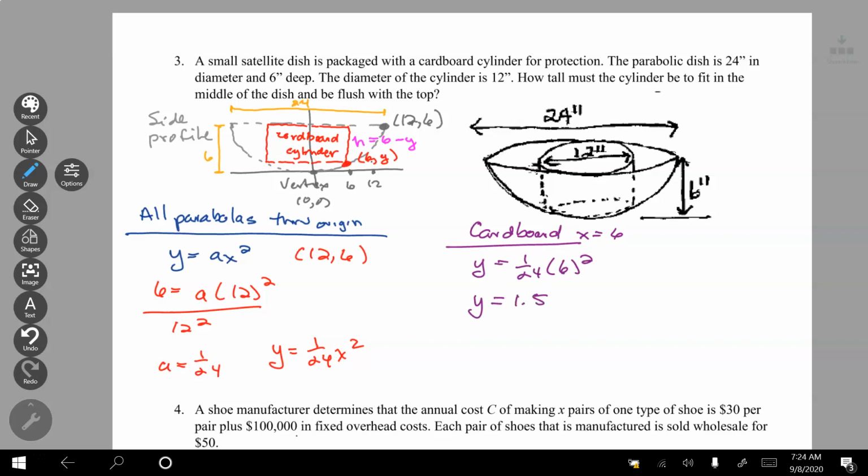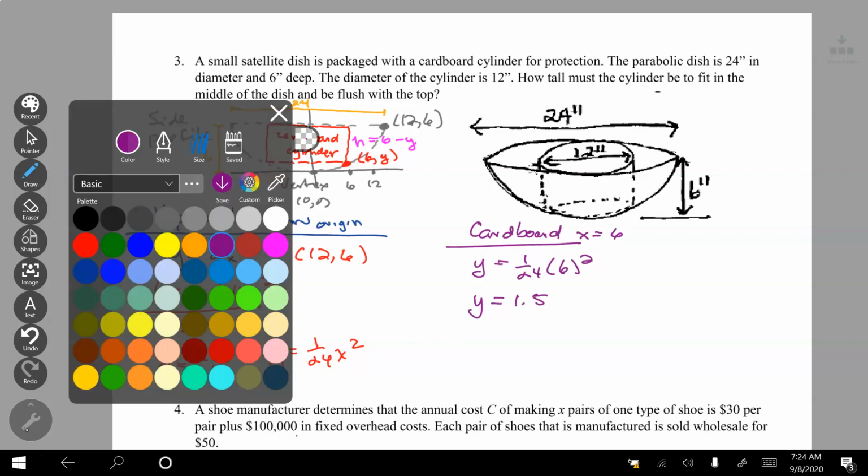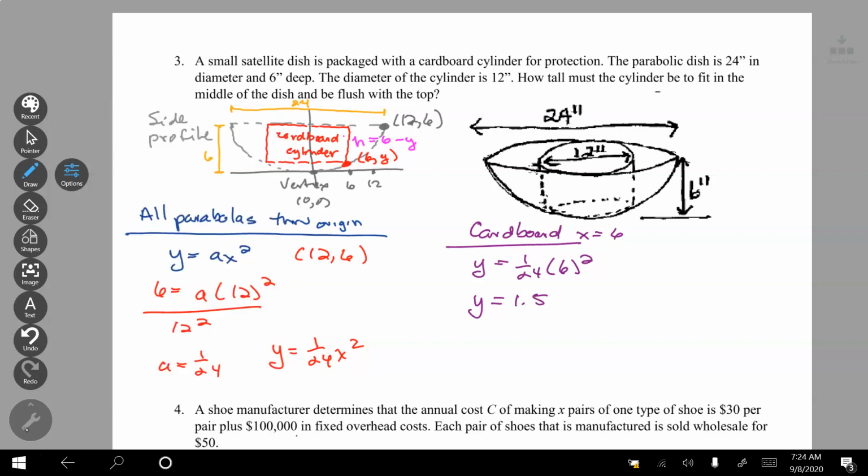So that point here is 6 comma 1.5, and I could do the height, which is the top, 6, minus the 1.5, so my height is 4.5 inches. For that 12-inch diameter cylinder that I want to put inside, I need a height of 4.5 inches.